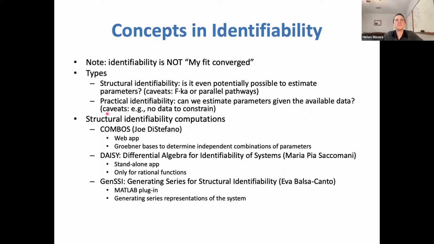These are different methods. With COMBOS, nonlinear multivariate polynomials with Gröbner bases are being used. DAISY is differential algebra, kind of similar. And then generating series uses Lie derivatives, using the fact that any analytic function can be expressed as a Taylor series.